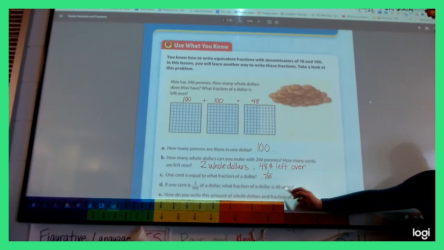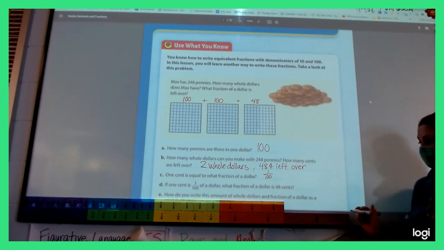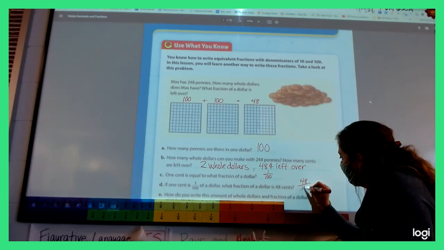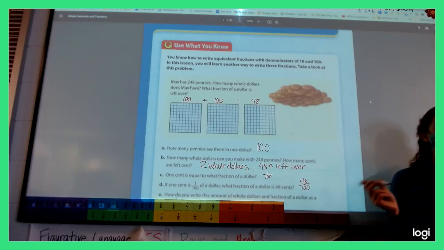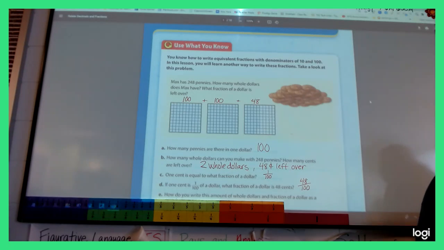Emma? 48 over 100. Yep, 48 hundredths. All right, now a lot of you didn't raise your hand for that one. Now that you see the answer, does that make sense? If I only have 48 pennies, well, that's 48 out of 100 pennies. That makes $1.